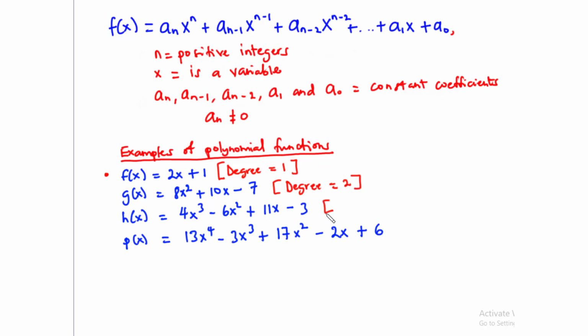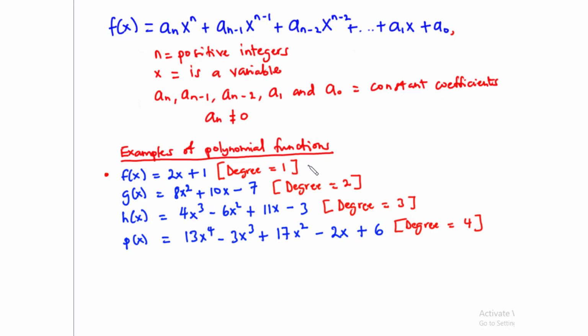Next, to h of x, we realize that the highest degree of x in this function is to the third power, which means that the degree of that polynomial is 3. And then for p of x, the degree of p of x is 4 because the highest power of x in the function is 4.